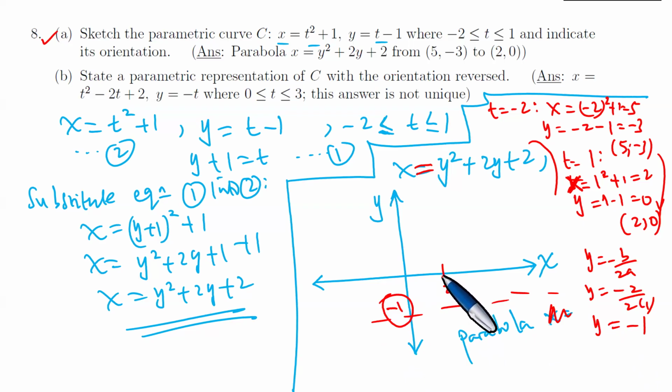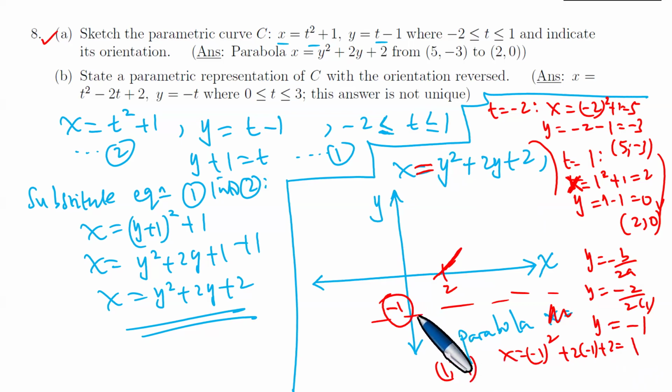But it's going to cut the x-axis here. But whenever y is minus 1, x is going to be minus 1 squared, 2 into minus 1 plus 2, which is 1. So this is going to give us x is 1, y is minus 1.